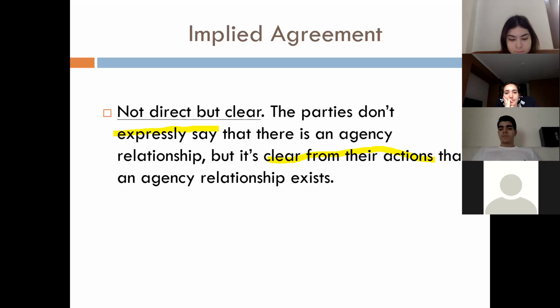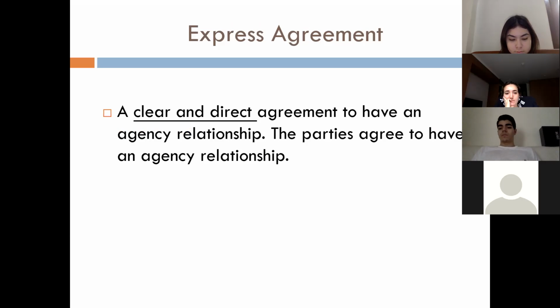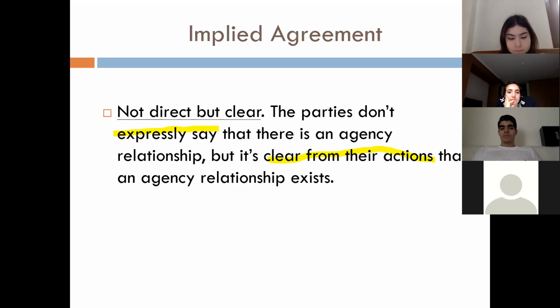If we only had express agreements, what if I want you to do business for me but don't say you're my agent, and then you spend all your time and make so much money for me, and I don't give you anything? That's not fair. So we definitely want the idea that if it's clear from my actions, then you are my agent.